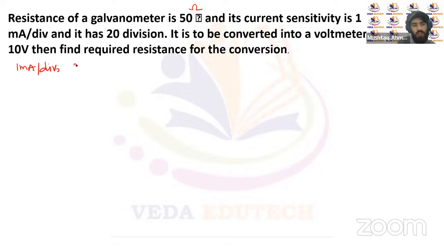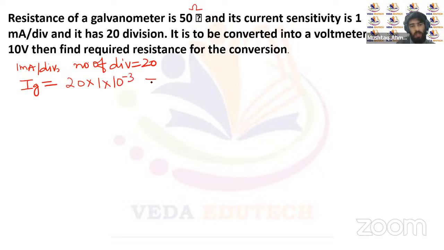And the number of divisions is given as 20, right? So the range of galvanometer current will be equal to Ig, that will be 20 times the current per division. Per division current is 1 milliampere, that's 1 into 10 to the power minus 3.